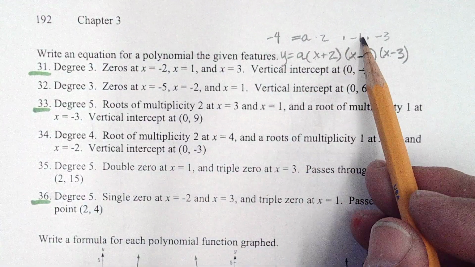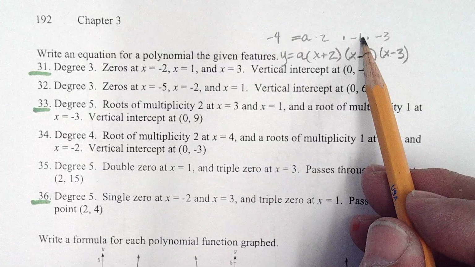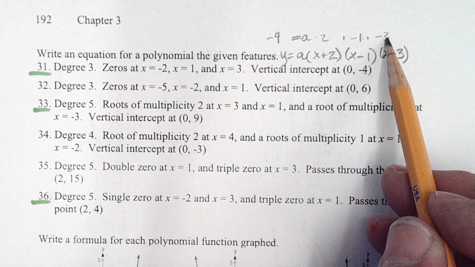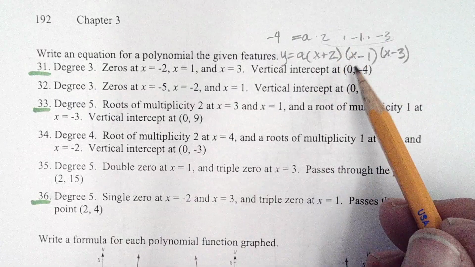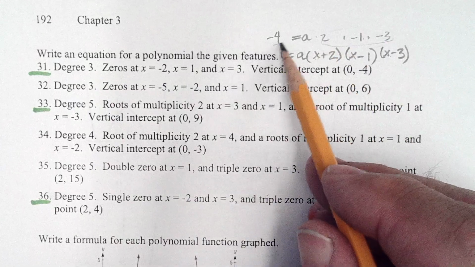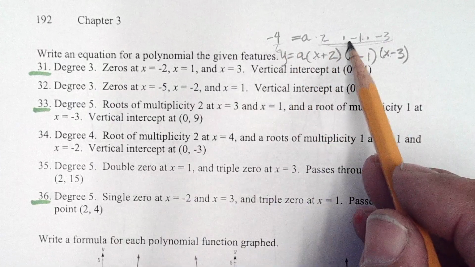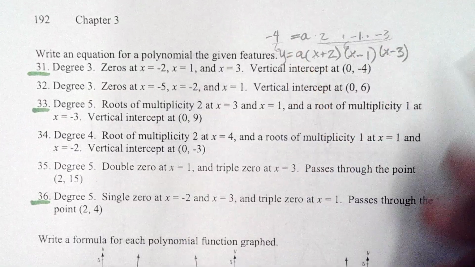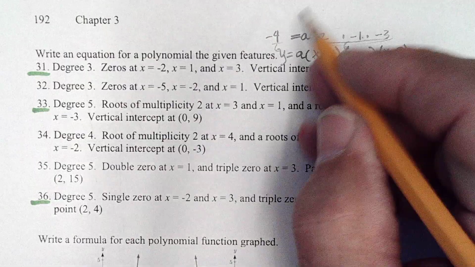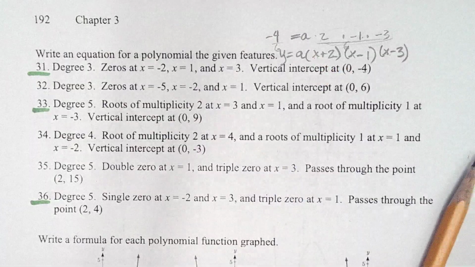So 2 times negative 1 is negative 2, times negative 3 is negative 6, or positive 6. These multiplied are 6. So if I divide both sides by 6, I find out A is negative 4/6 or 2/3. So my equation needs a 2/3 right here.